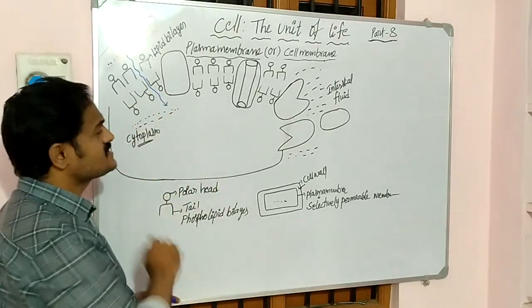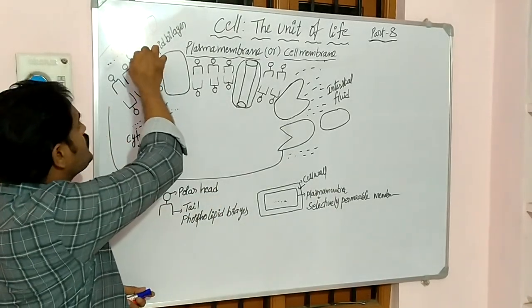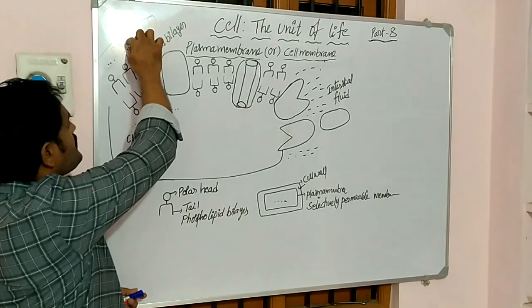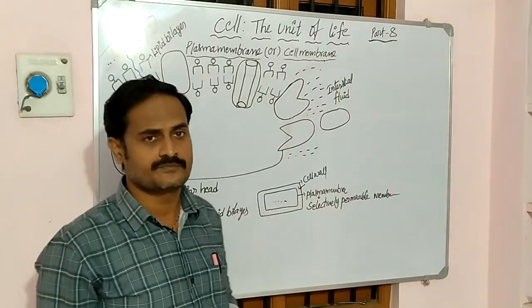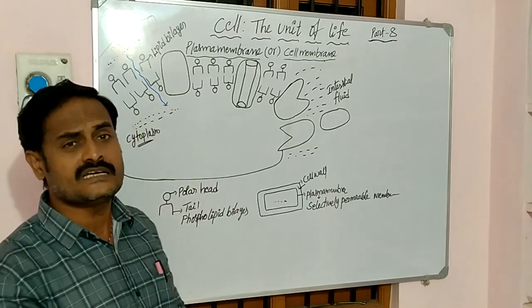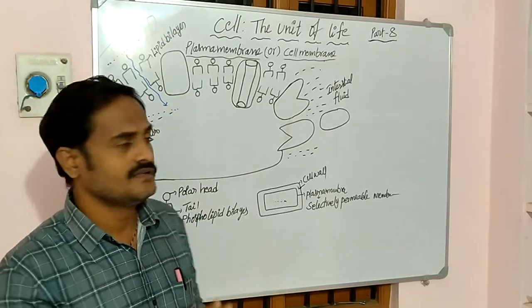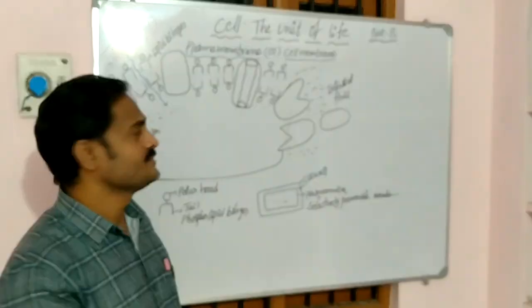Directly by the process of simple diffusion, the oxygen is able to be transported from the blood vessel into the inside of the cytoplasm. So this kind of movement of oxygen is called simple diffusion. There is no use of any kind of energy.